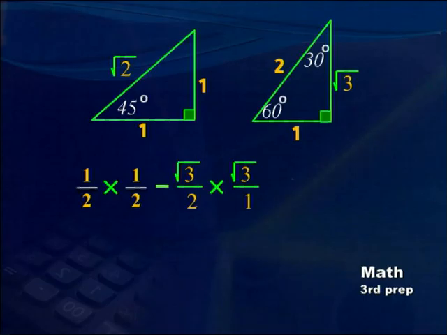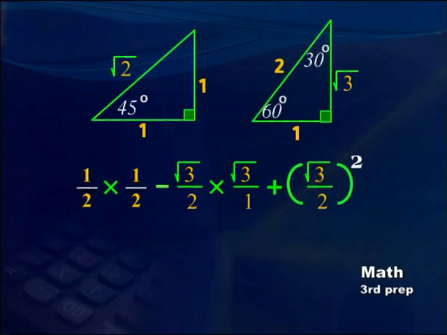Then what about cosine 30? It is adjacent over hypotenuse. What about the adjacent to the 30? It is √3. Hypotenuse is 2. So it is plus (√3/2) all to the power of 2, as it is cosine square 30.